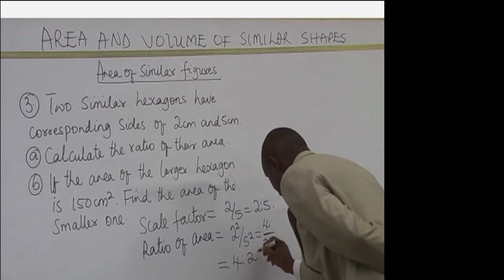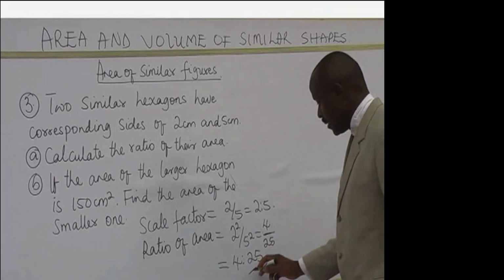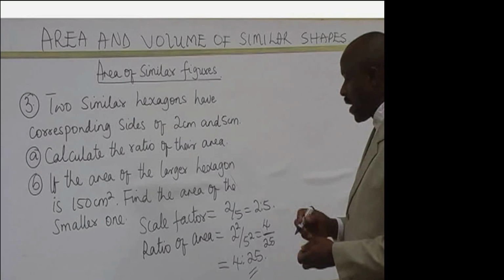So 4 is to 25. This is the ratio of their area.